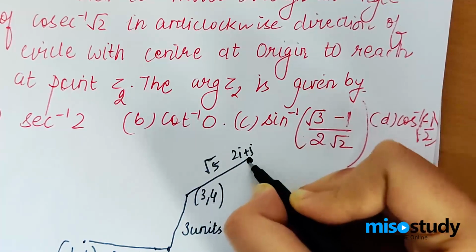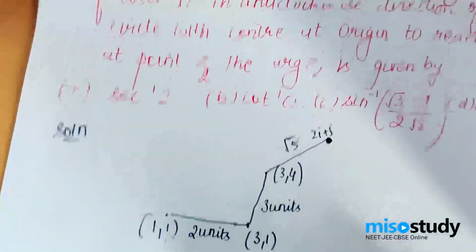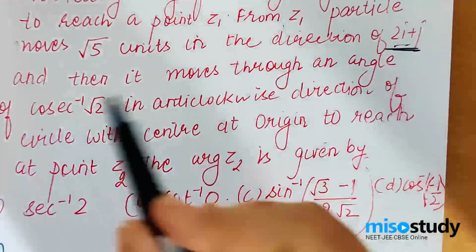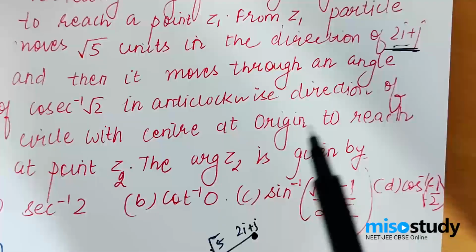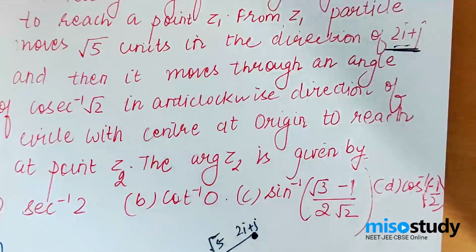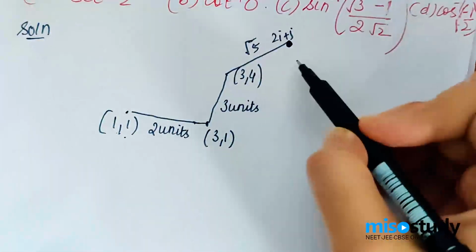After it reaches this position, it then moves through an angle of cosecant inverse root 2 in the anti-clockwise direction of a circle with center at origin to reach a point z2. Then you are supposed to find z2 and the argument of z2. Let's first of all solve it till here.